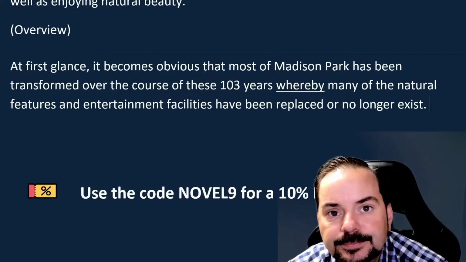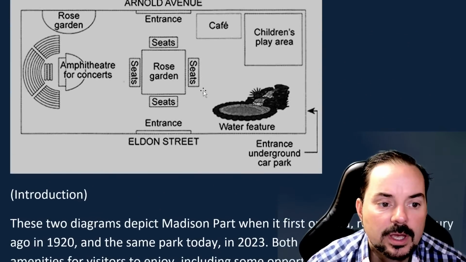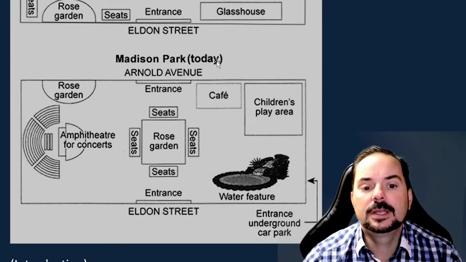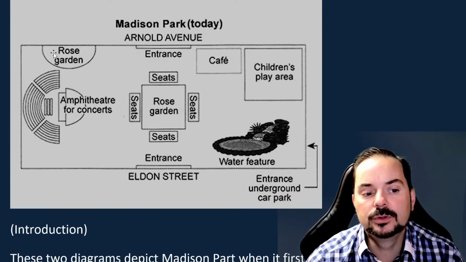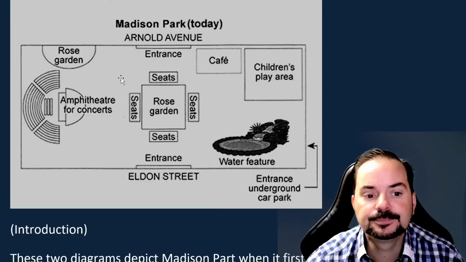Okay, all right, so that's my overview so far. Okay, and then if you want to include that the Rose Garden is really the only feature and the entrances are the only feature, that's fine.